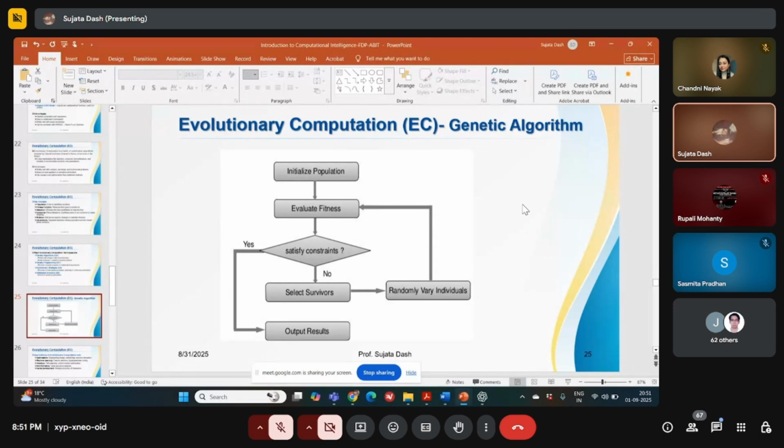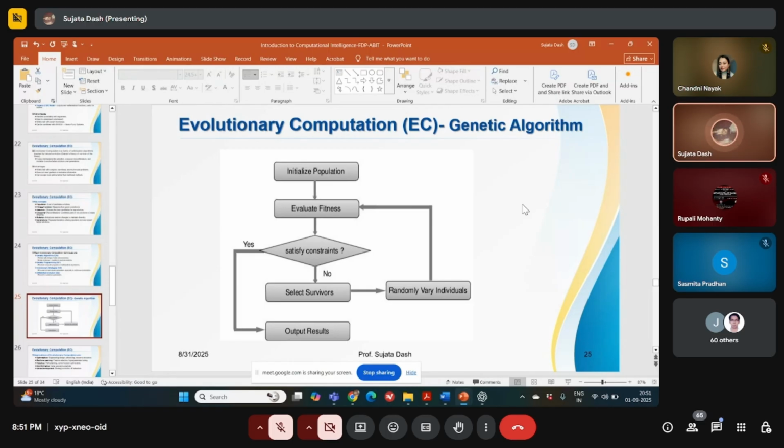Before I come to the first step, let me repeat: the genetic algorithm is a search and optimization technique, and it is inspired by the process of natural selection and genetics. Okay, then you come to the first step. First step is initialize the population.